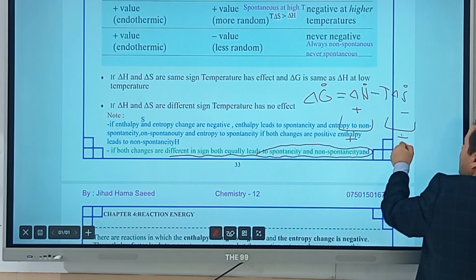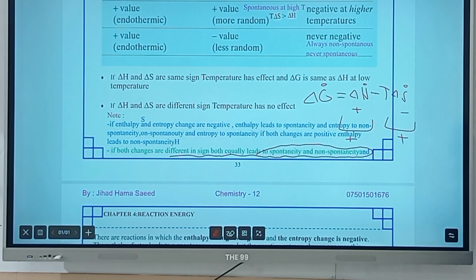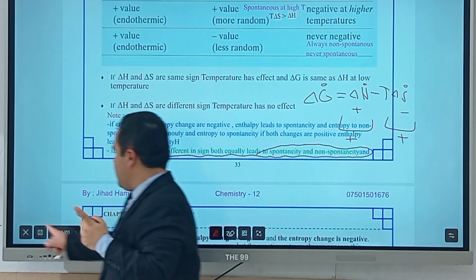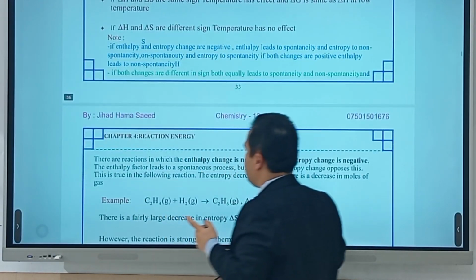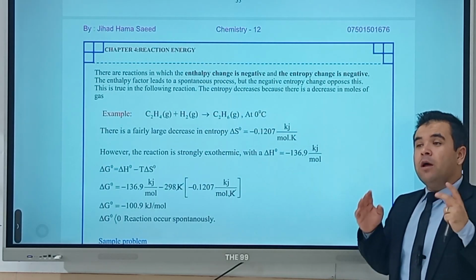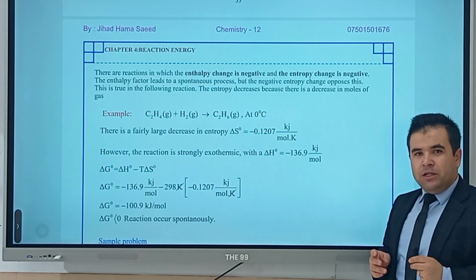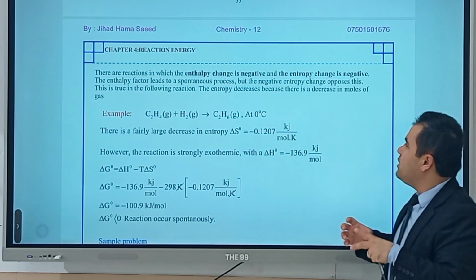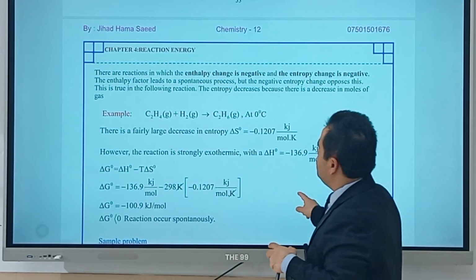Negative multiplied by negative is positive, according to entropy also non-spontaneous. So you have to know that when both are the same, negative enthalpy leads to spontaneous, positive entropy leads to spontaneous. If they are different, both lead to spontaneous or non-spontaneous together.